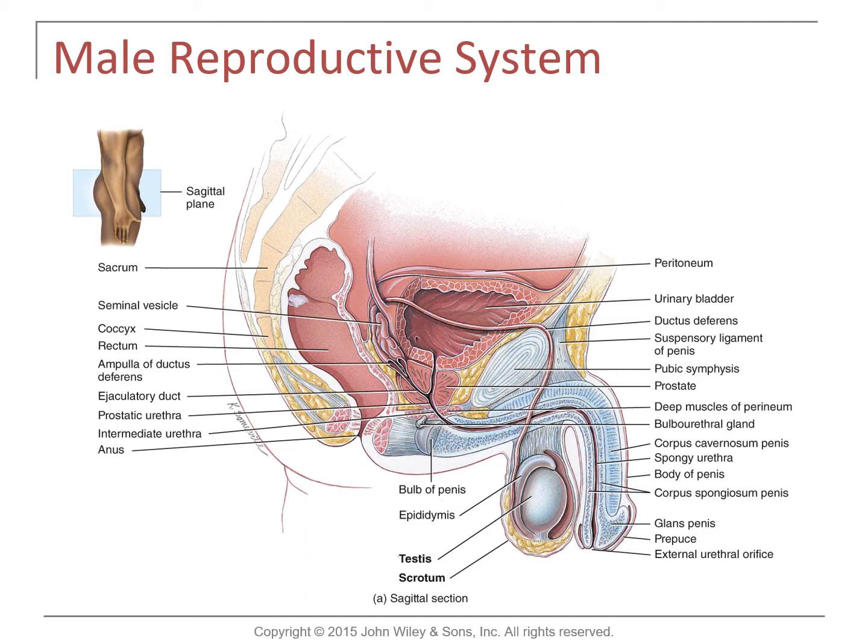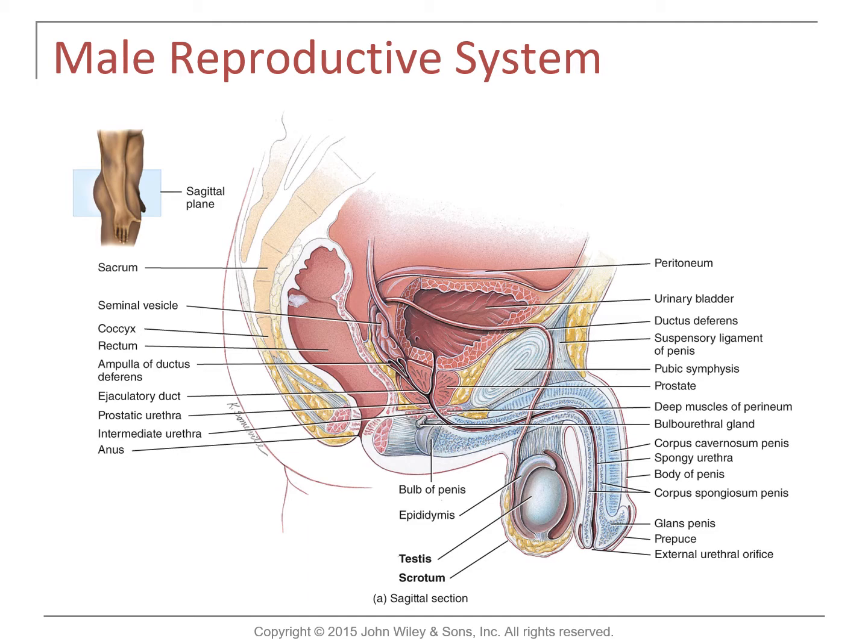Together, the duct from the seminal vesicle joins with the ampulla of the vas deferens to form the ejaculatory duct, and the ejaculatory duct passes through the prostate gland. The prostate gland is a site where the ejaculatory duct now converges with the urethra, which began at the base of the urinary bladder. The part of the urethra that passes through the prostate is called the prostatic urethra.